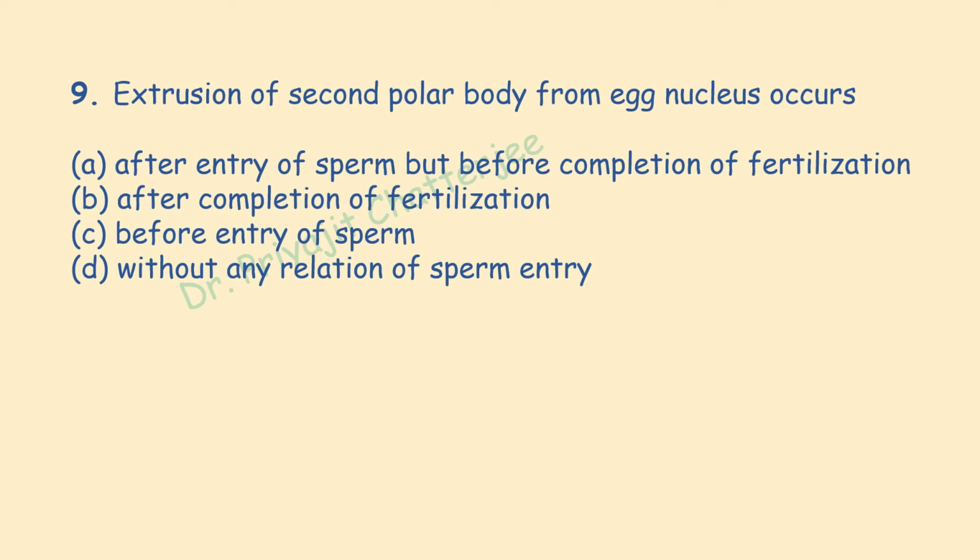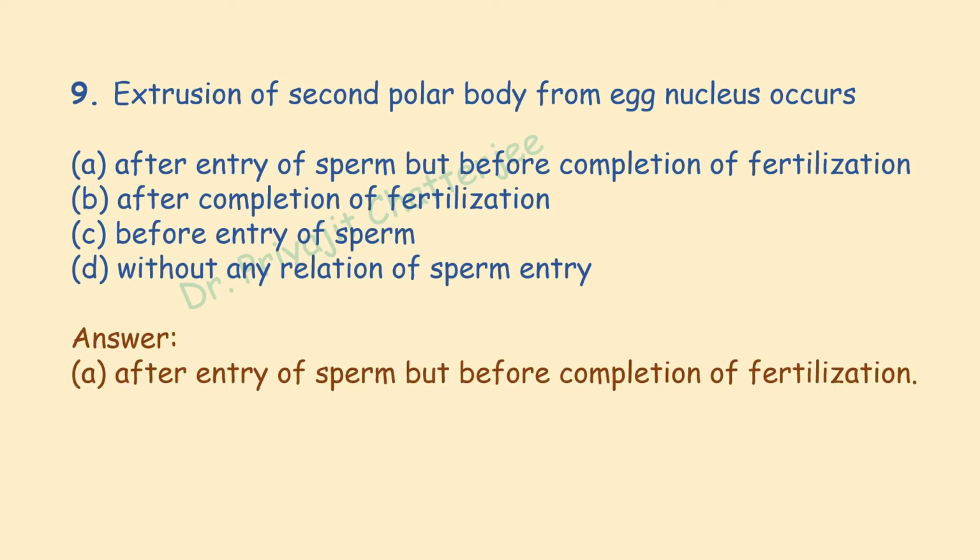Entry of sperm causes breakdown of the metaphase promoting factor, that is MPF, and turns on anaphase promoting factor or anaphase promoting complex APC. So here the correct answer will be after entry of sperm but before completion of fertilization. Now we'll go for the next question.